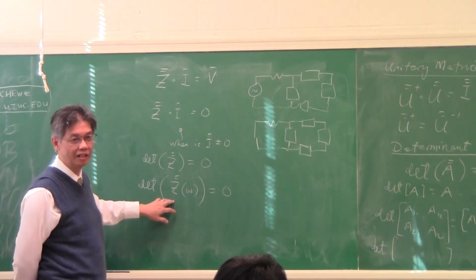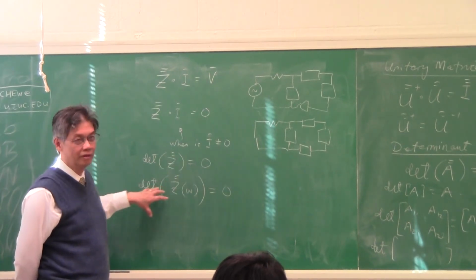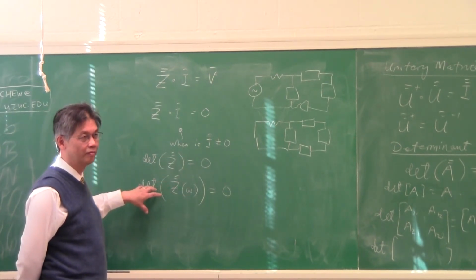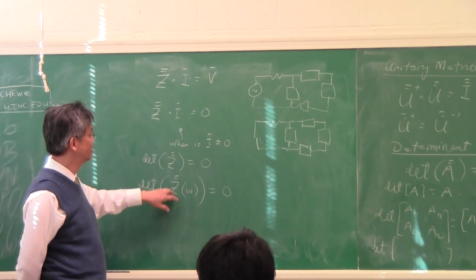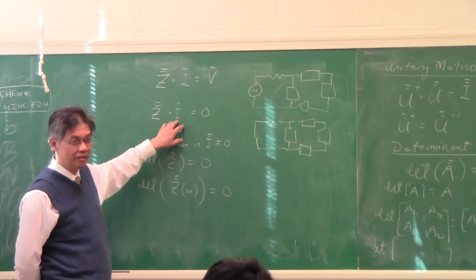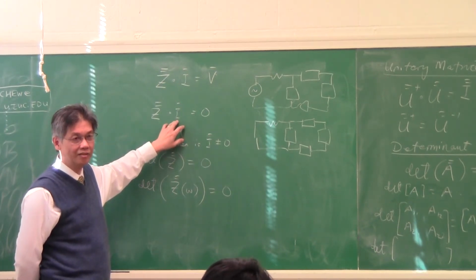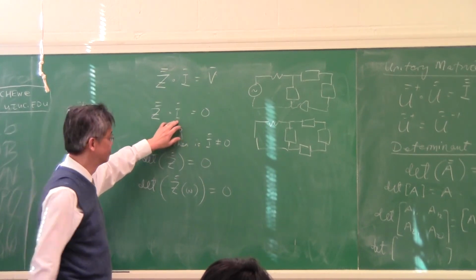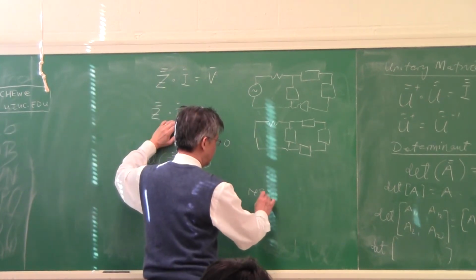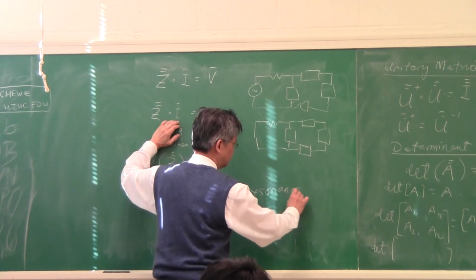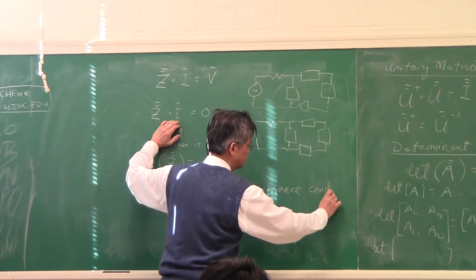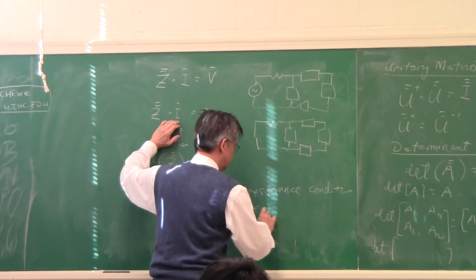Oftentimes that omega might even be a complex number. Okay, you will go about searching for this solution. And you have found that omega, then you have found a non-trivial solution. And that solution is the resonance solution.